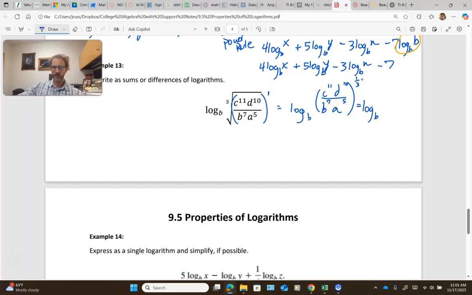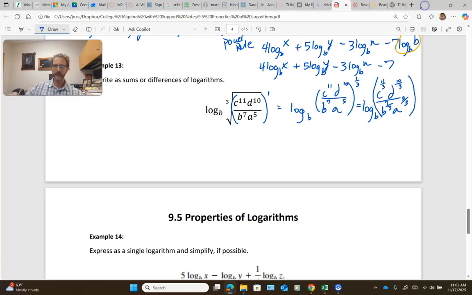This will become log base b of c to the 11/3. Basically, it'll just give them all denominators of 3. D to the 10/3 over b to the 7/3 and then a to the 5/3. So all of this now is a quotient.